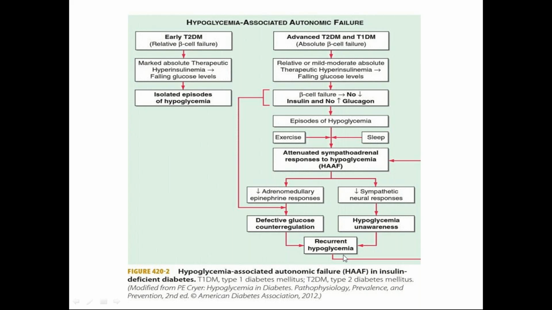So the concept is that the diabetic patient will have an episode of hypoglycemia. Then after that, there will be decreased response. That means first, when the glucose is 70 milligrams per deciliter, the patient will have symptoms of hypoglycemia, but the body becomes attenuated. That means it will stop responding with the sympathetic system.